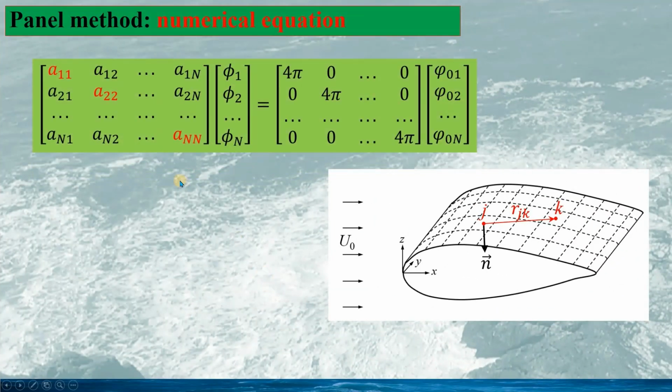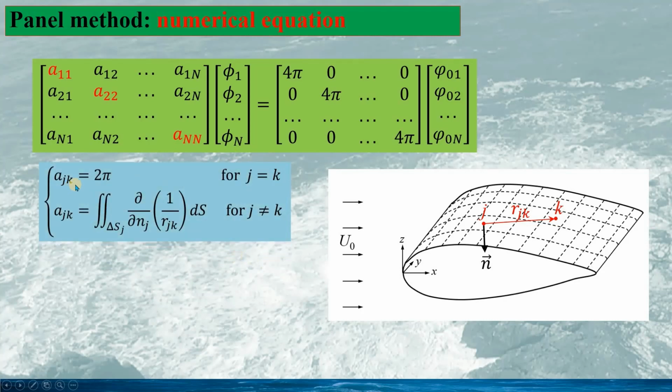And if we write the equation in a simultaneous form, it would be given as this. Here, for the coefficient ajk, when j equals k, ajk equals 2 pi. Otherwise, ajk would be calculated as this expression.